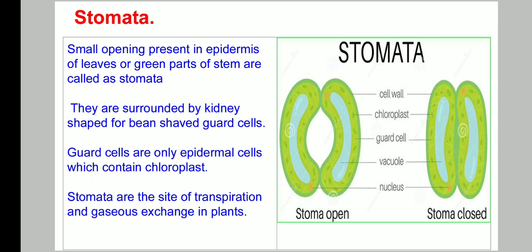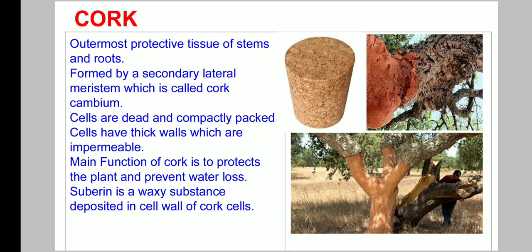Other than guard cells, no cell of the epidermis has chloroplasts. Stomata are the site of transpiration and gaseous exchange in plants. And then, cork: the outermost protective tissue of stems and roots.